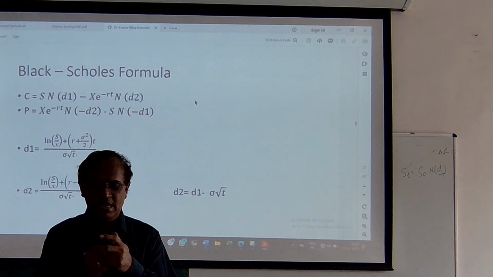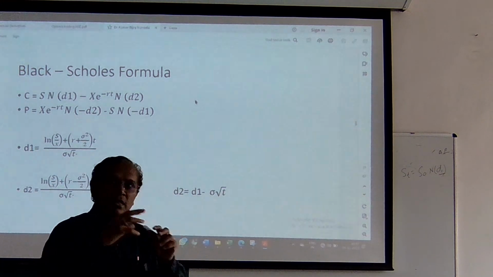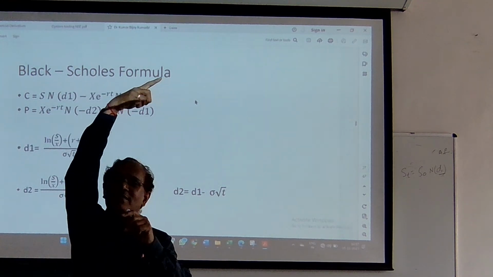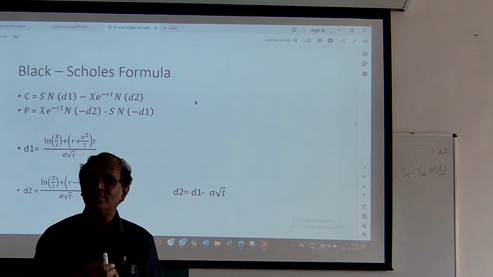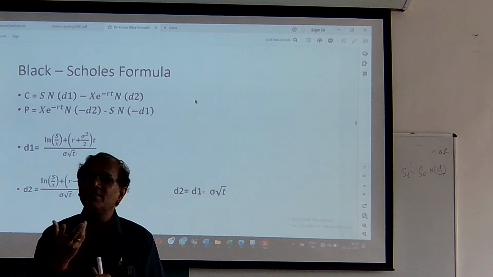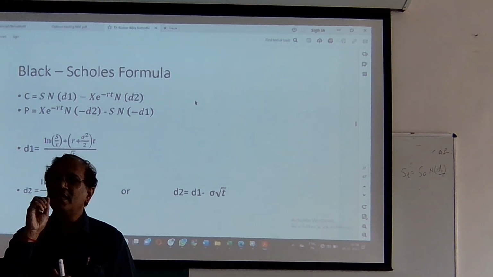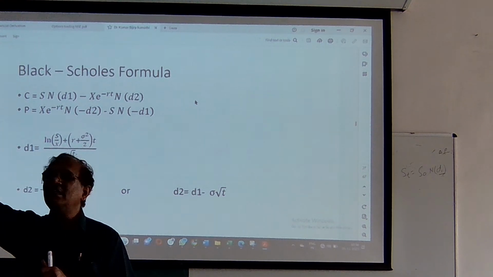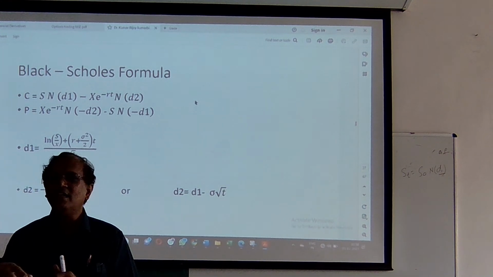Normalized deviation means S0 is there, that will keep on changing, and will lead to ST. ST is a value. S0 is a price, a spot price in period 0, that is today, and ST is the spot price in period T. If today is 100 rupees, what will it be after 1 month?